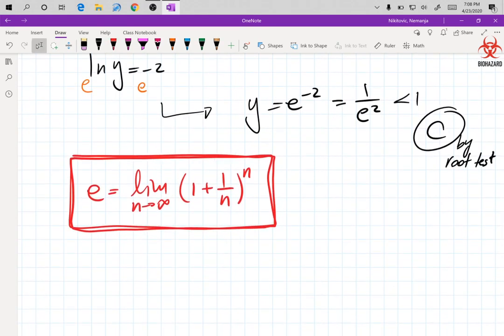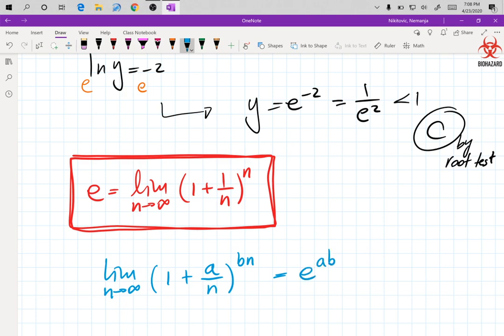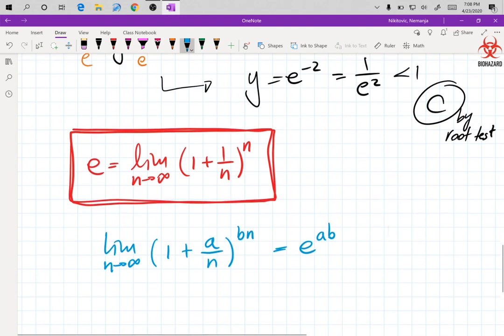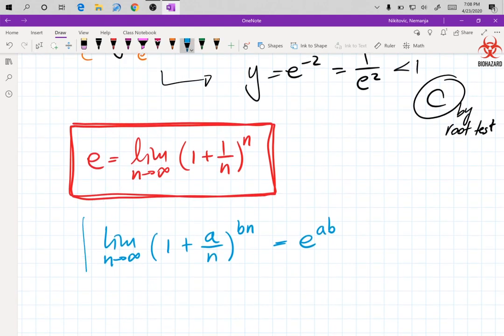Now, there is an improved version which says that if you have a limit n goes to infinity of 1 plus a over n to the bn, you will get e to the ab. So this is the better version.